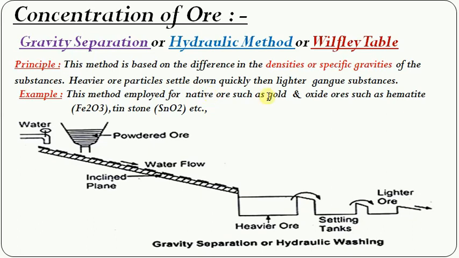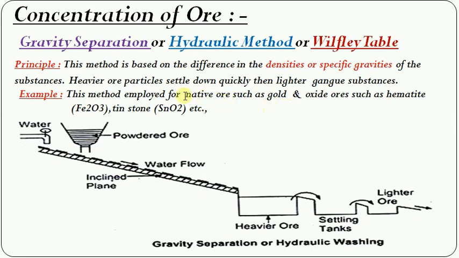The gold in the mining area is available as gold, whereas metals like iron and tin do not occur in a native state. That means they combine with oxygen, so we have to remove this oxygen to get the metal. Gold is a less reactive metal, so it exists in the earth as gold.